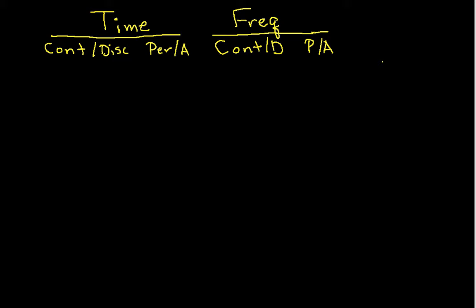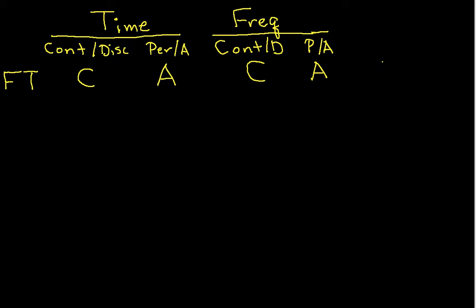So the one that you typically see either first or second is the Fourier transform. And this is something that applies to a continuous time signal that is aperiodic. And it turns out that the Fourier transform of a continuous time signal that is aperiodic results in something that's continuous in frequency and also aperiodic.